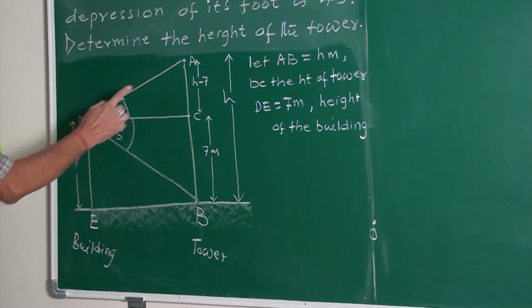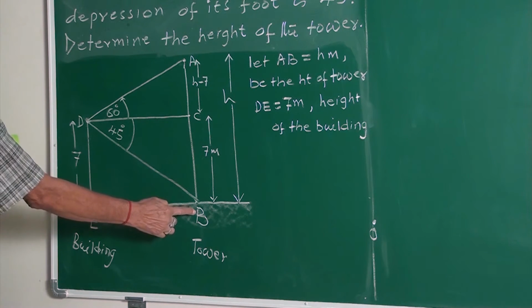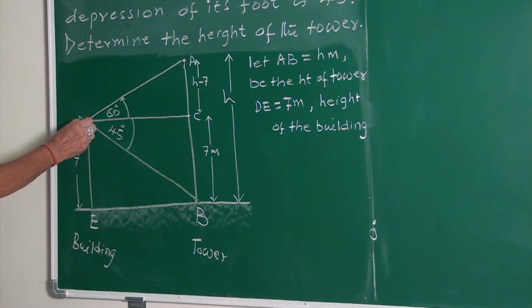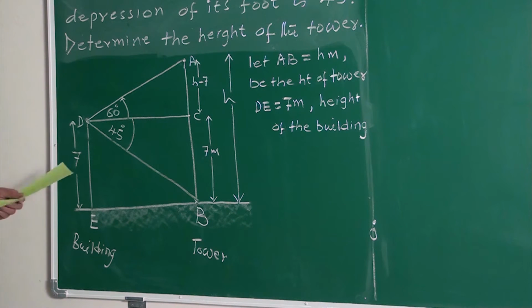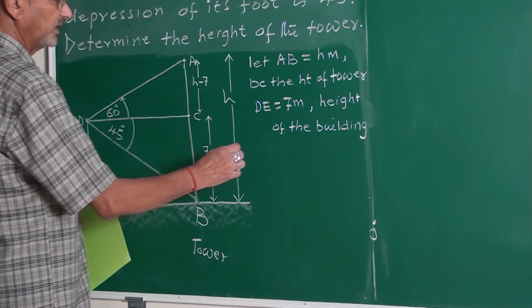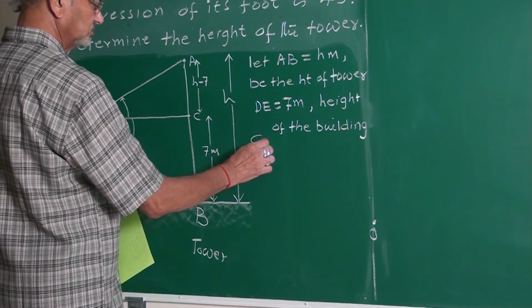When he looks at the top from this point, the angle of elevation is 60. When he looks at the bottom, the foot, the angle of depression is 45 degrees.